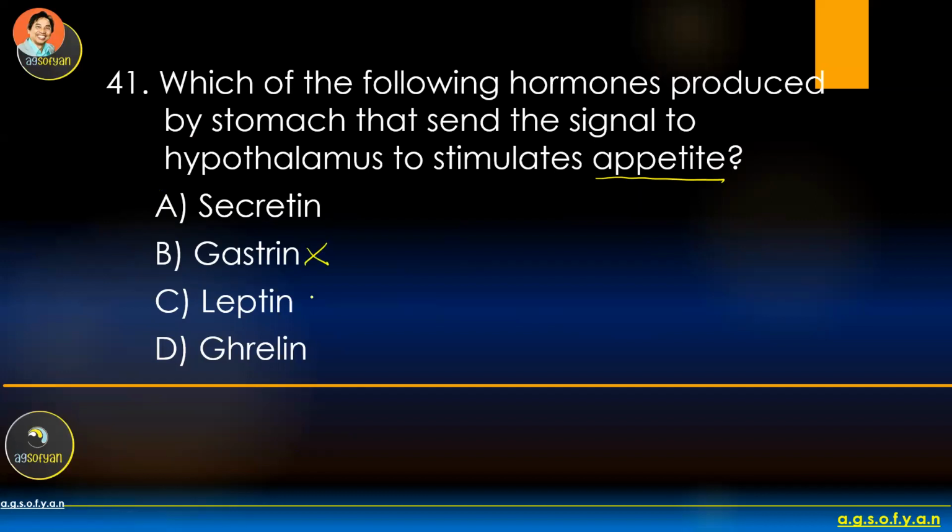Okay, secretin, leptin, or ghrelin. The one that increases appetite is called ghrelin. So ghrelin is the name of the hormone that increases our appetite, and it will be sent to the hypothalamus.